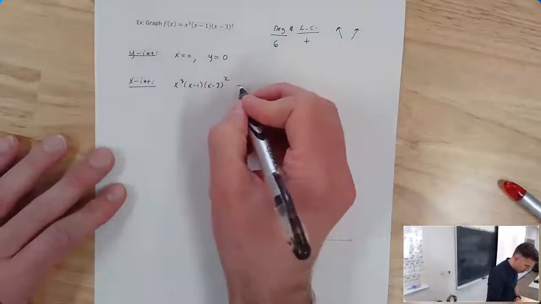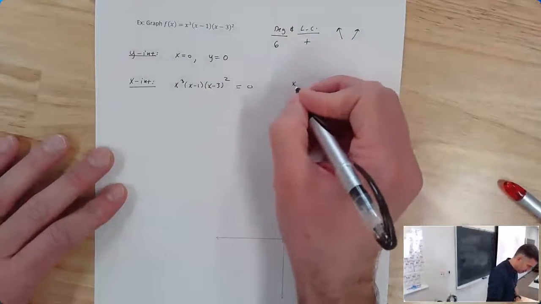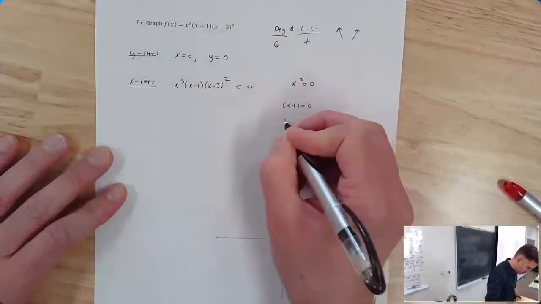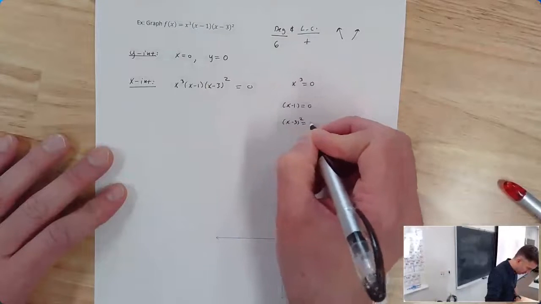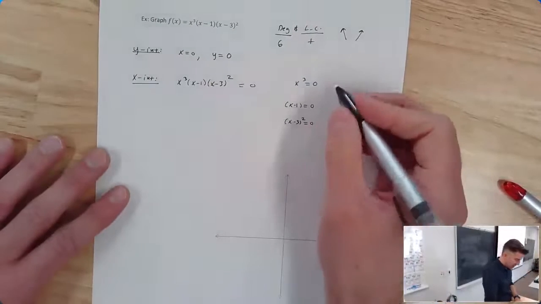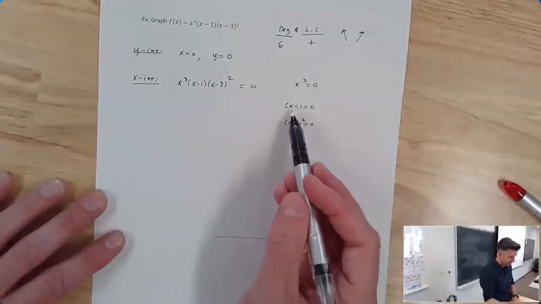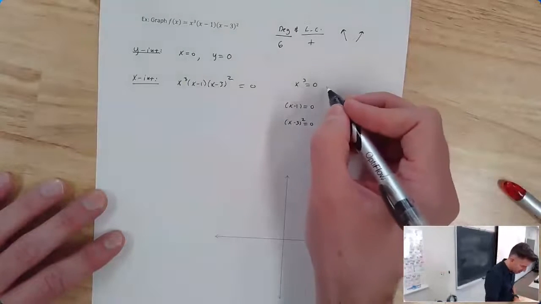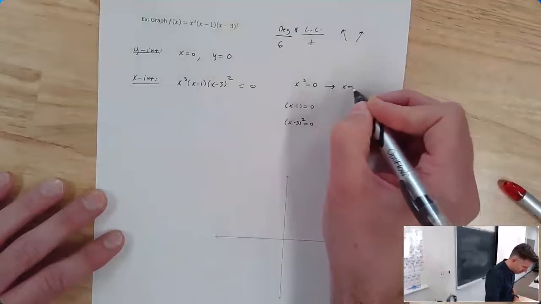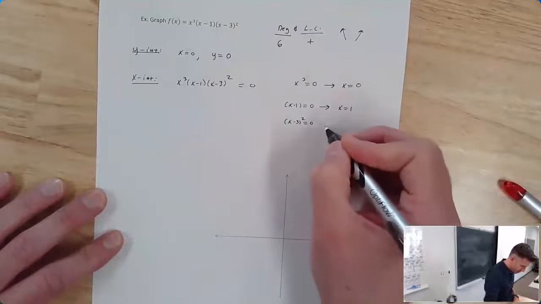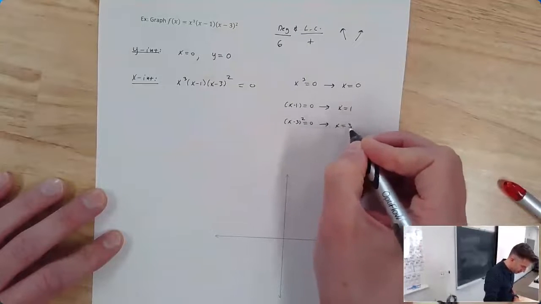So we get x cubed equal to 0, or x minus 1 equal to 0, or x minus 3 squared equal to 0. Each of these results in setting the insides of your factor equal to 0. This gives me x equal to 0, x equal to 1, and x equal to 3.